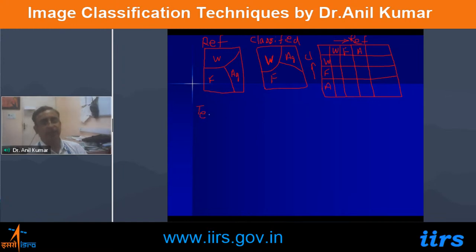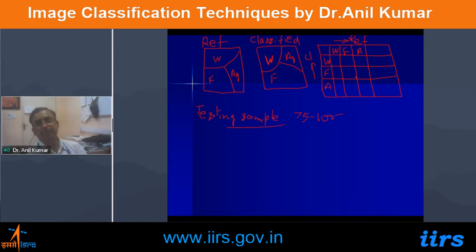Here we have to take some samples, testing samples. For testing samples, we can follow some rules, like Congalton 1991, who said we should have 75 to 100 samples per class.